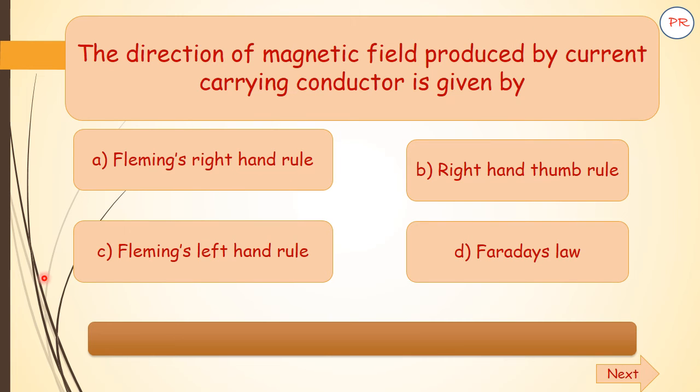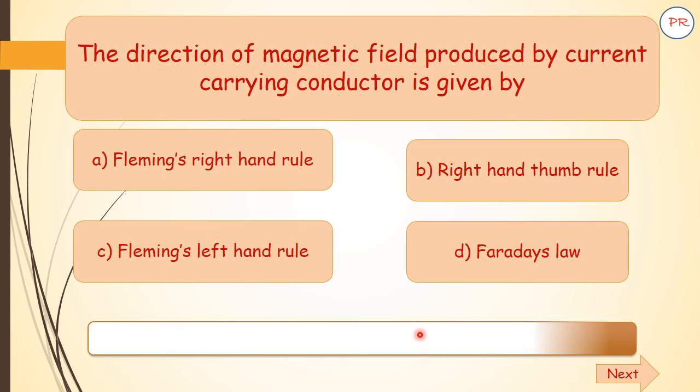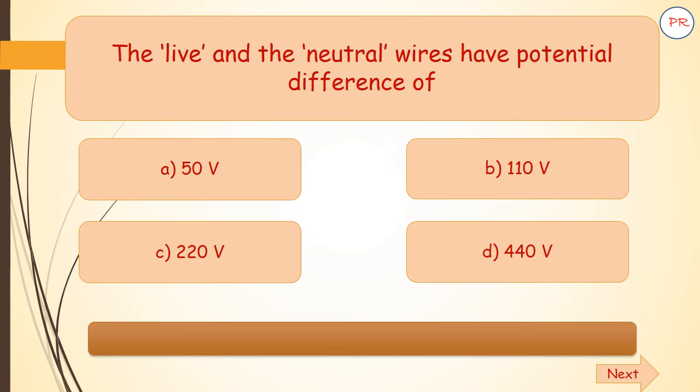The direction of the magnetic field produced by a current carrying conductor is given by A. Fleming's right hand rule, B. right hand thumb rule, C. Fleming's left hand rule, D. Faraday's law. Here is the time. And the correct answer is right hand thumb rule. The live and the neutral wires have a potential difference of A. 50 volt, B. 110 volt, C. 220 volt, D. 440 volt.